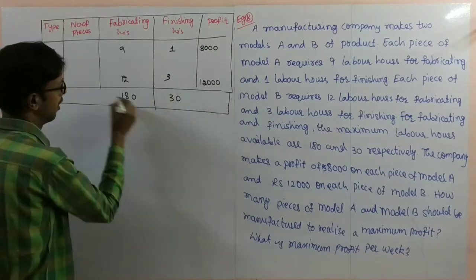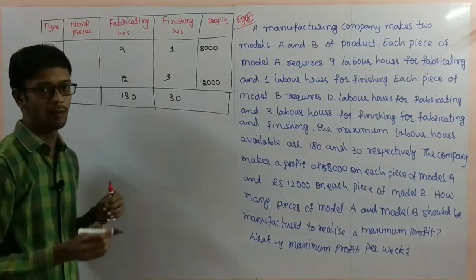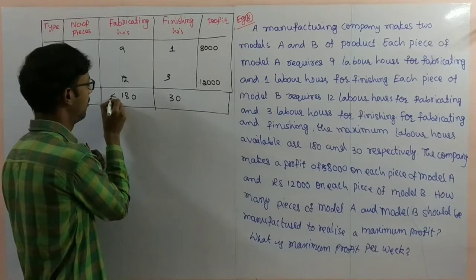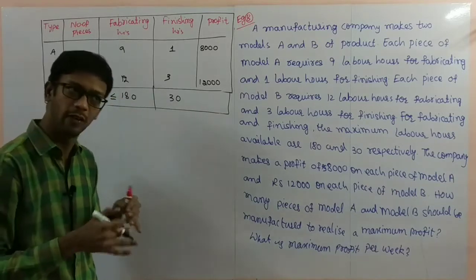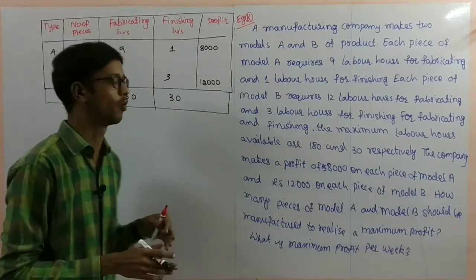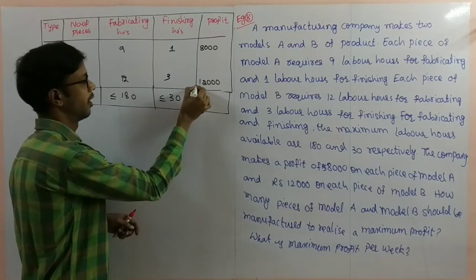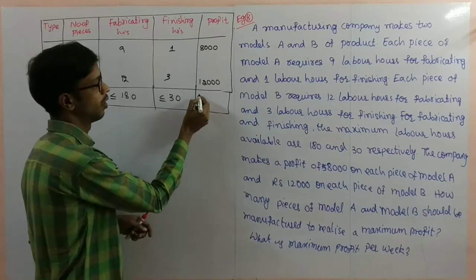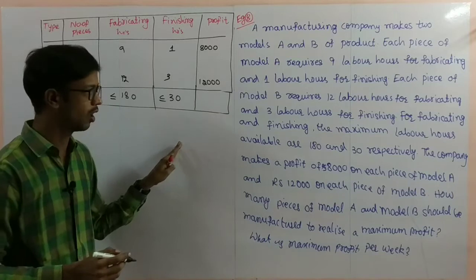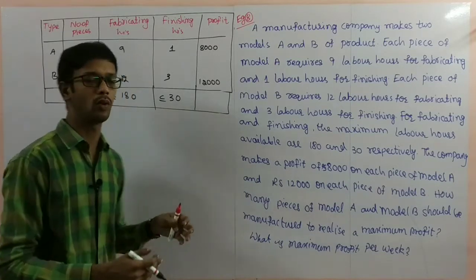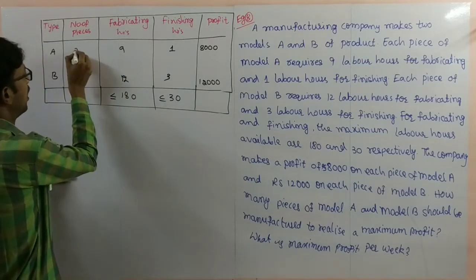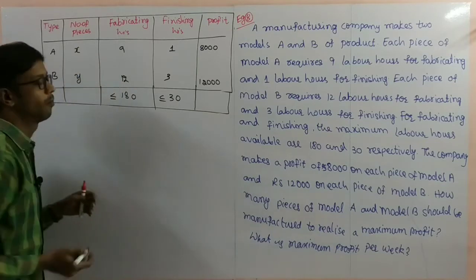Since it is at most, maximum means we always take less than or equal to. Next here also less than or equal to. Now the total. Before that, take product A as x and product B as y.